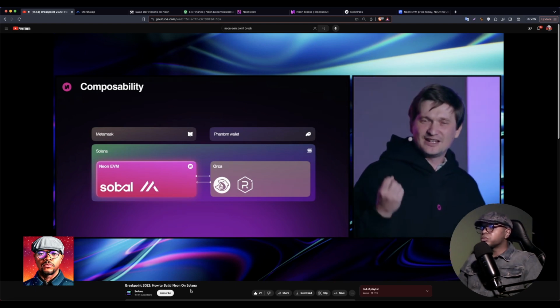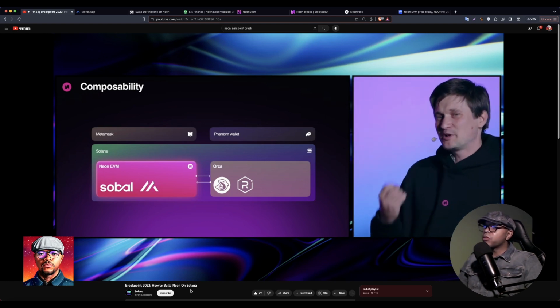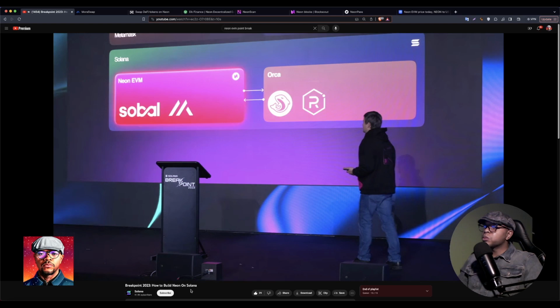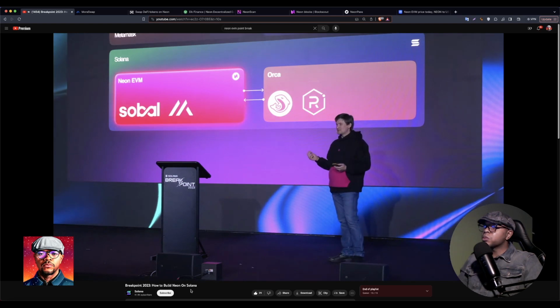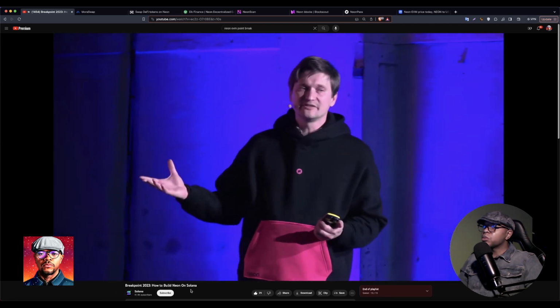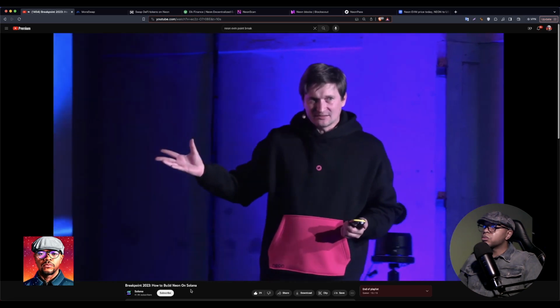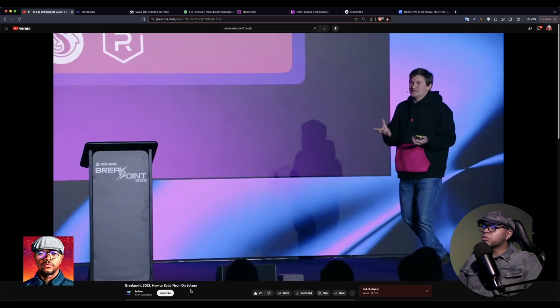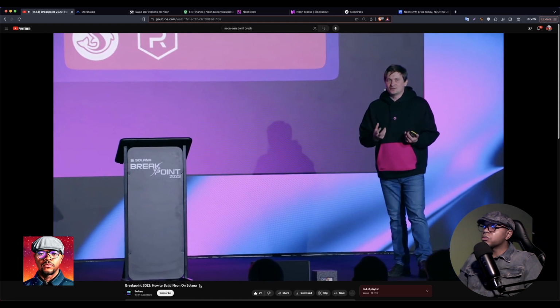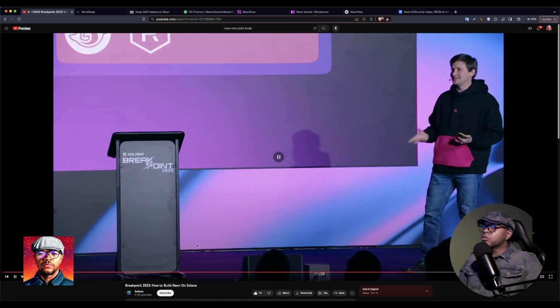Right now we are at the test stage of this functionality, preparing it for public testing, and it will be possible to run any Ethereum application from the Ethereum ecosystem on Neon EVM and call any Solana program from Solana. It's good that right now Neon EVM supports SPL token, Metaplex, Pyth Network, Chainlink.